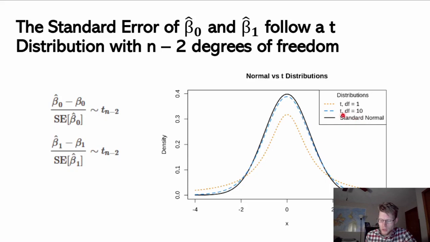So the larger your degrees of freedom get, the more the t-distribution does begin to converge to the standard normal distribution. And eventually at a point, like usually once we get past like 200 or 300, the distinction is pretty trivial at that point. But as long as our sample is not particularly huge, we should probably be careful and use a t-distribution and include that error correction, that adjustment to that distribution.